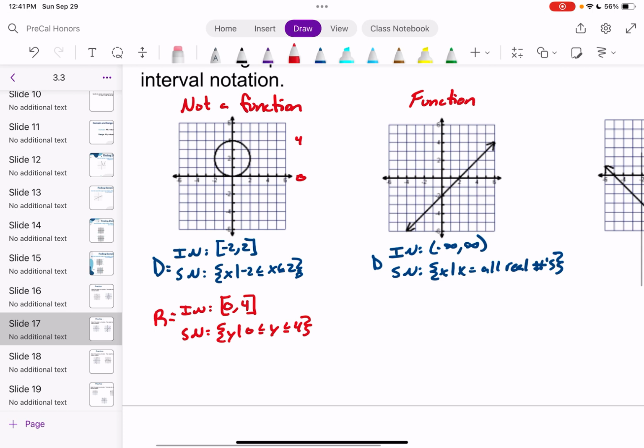Our range, interval notation, once again would be -infinity to +infinity. And our set notation would be y such that y is equal to all real numbers.